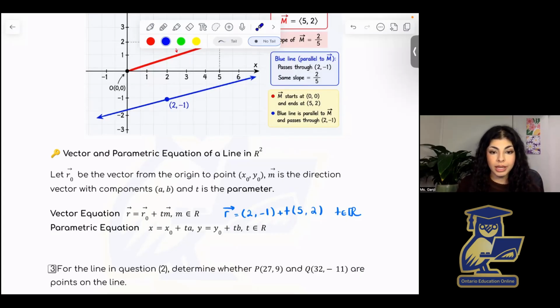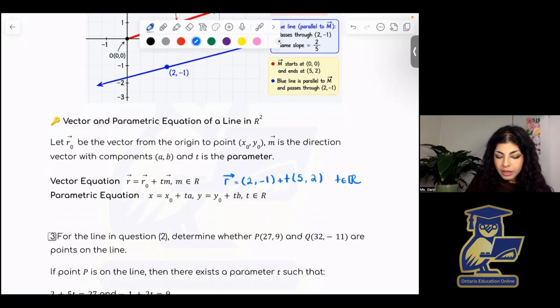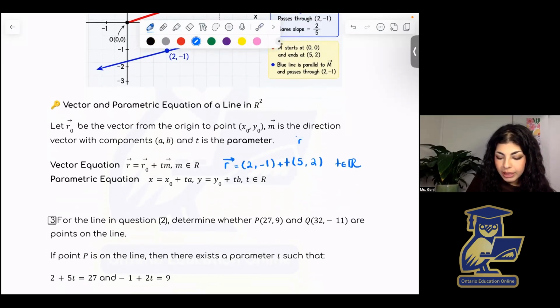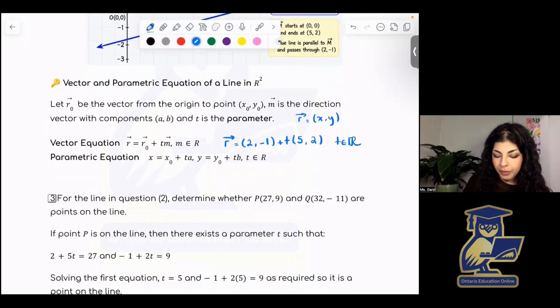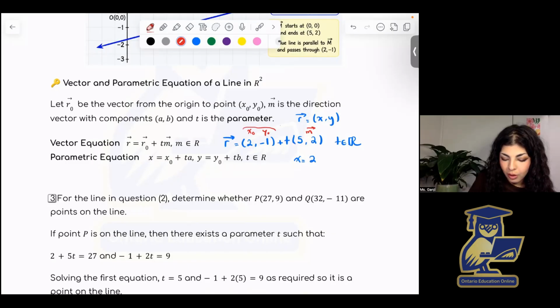Now, the parametric equation pretty much comes from the vector equation. Consider that r really is just giving us x and y. But (x, y) is now any point on this blue line. So if we want to find out what x is, we would take 2, which is x0. So this is (x0, y0), this is m here, and really this is also r0.